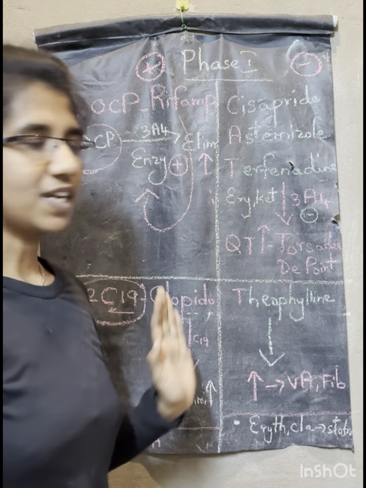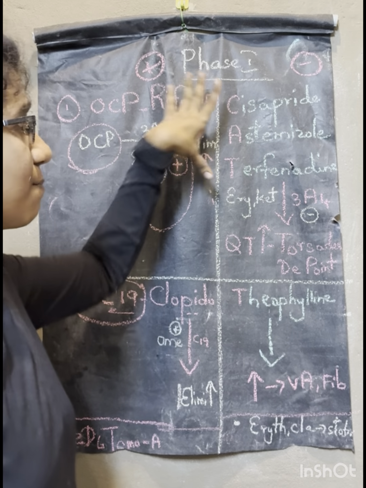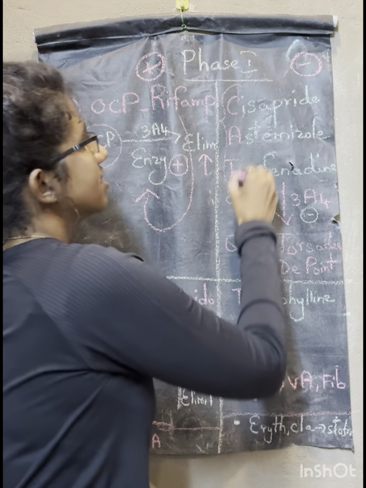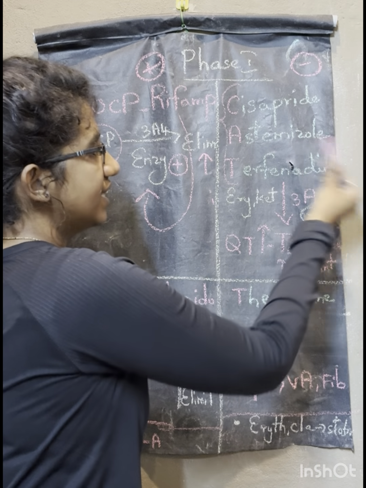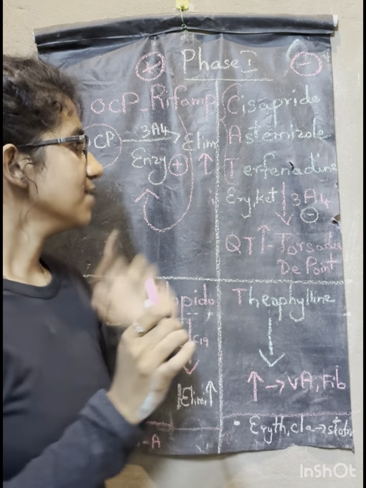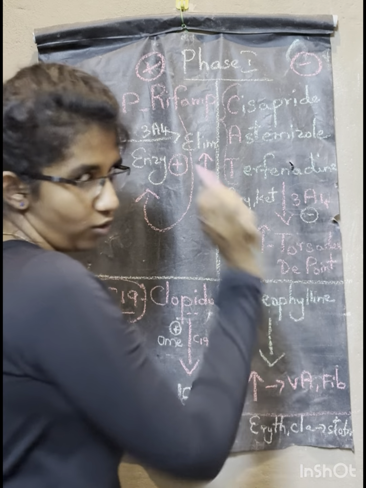Next, coming to enzyme inhibitors. The really important drugs are the CAT drugs. CAT drugs are cisapride, astemizole, terfenadine. So these three drugs are known as CAT drugs. They are metabolized by CYP3A4.